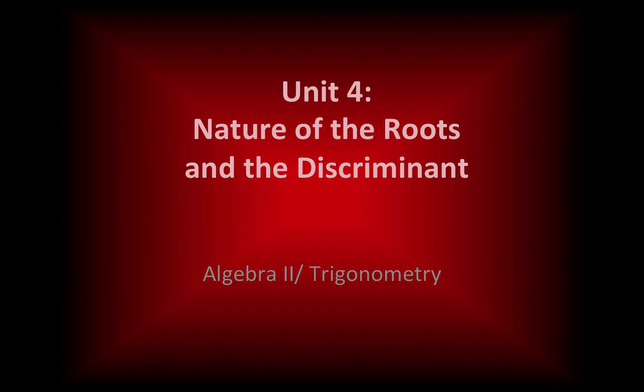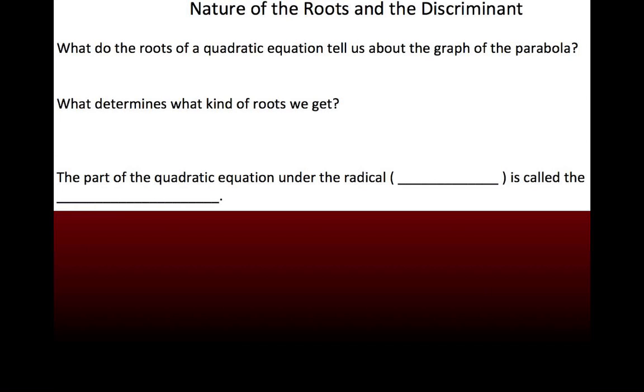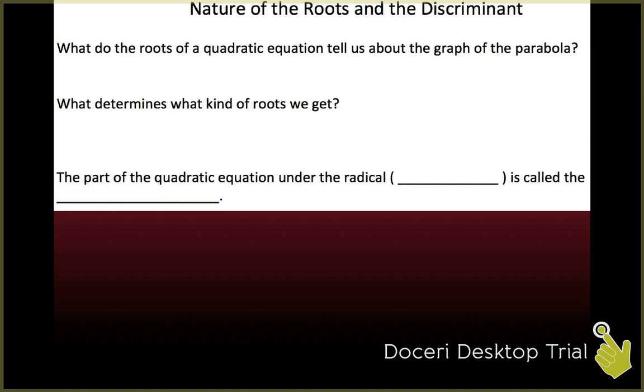All right, so we're going to be going through the nature of the roots and the discriminant of the quadratic formula. So, what do the roots of a quadratic equation tell us about the graph of the parabola? Well, they're going to tell us where it crosses the x-axis.